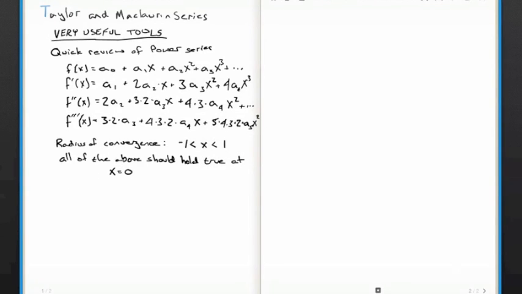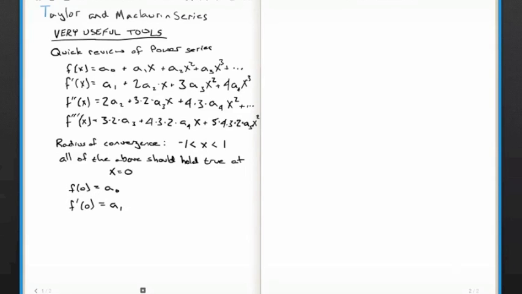So all of the above, all these equations up here, should hold true at x equals 0, which means that f of 0 should really just equal a sub 0, because all these other terms have an x in them, so they all go away. And more interestingly, f prime of 0 should equal just a sub 1.